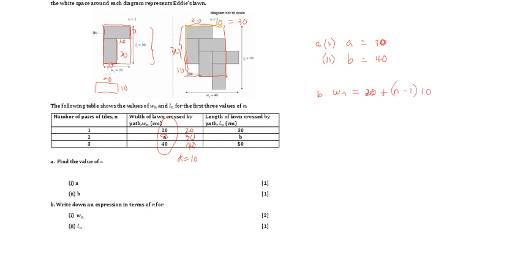You need to simplify this. This is 2 marks, right? So W sub n is equal to 20 plus 10n minus 10, which is equal to 10 plus 10n. Okay, this is our W sub n.